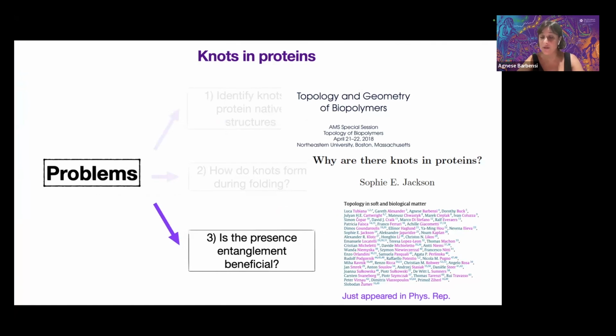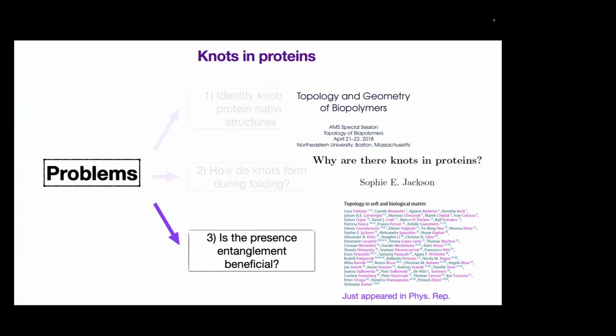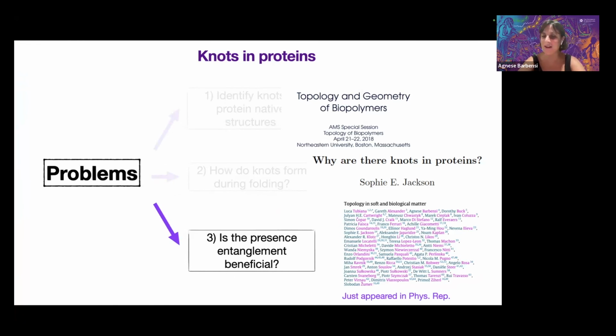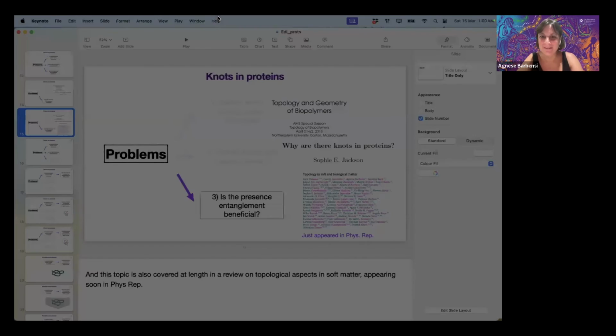It came out last July. And the topology in soft and biological matter is extensively discussed, and this includes folding and functioning and everything on knotted proteins. There are a couple of chapters dedicated to this stuff, and obviously it's a review, so we have tons of references, and I think the answer to your question could be found here. I'm sorry, I don't have any more precise answer than this.